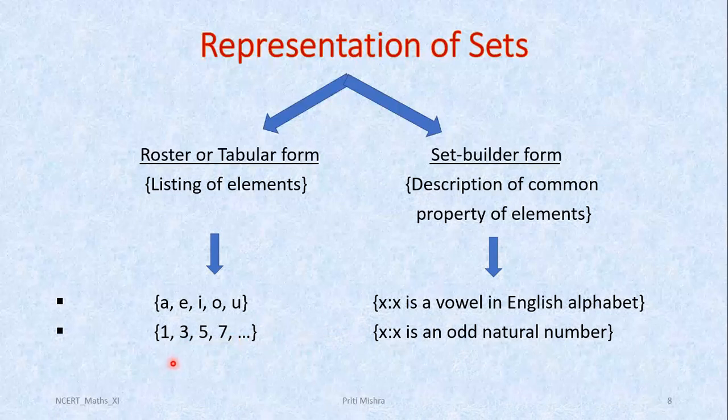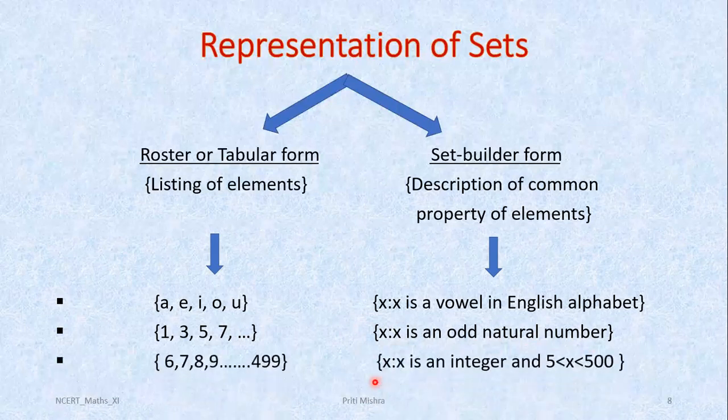Just by observing carefully, you can find that all these numbers are odd natural numbers. You just have to mention this in generalized form within curly braces to frame the set builder form. So I will write x such that x is an odd natural number. So this makes the set builder form here. Let's have another example.